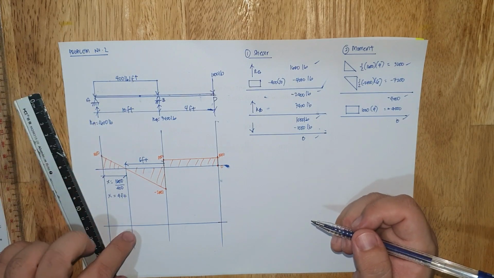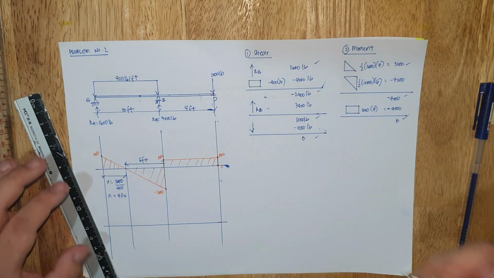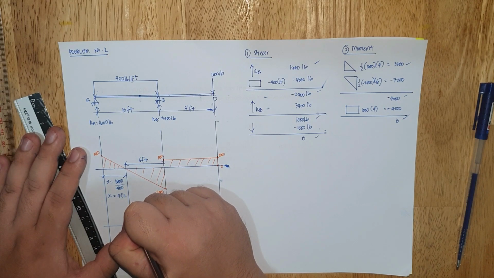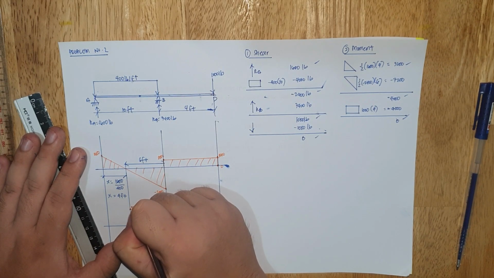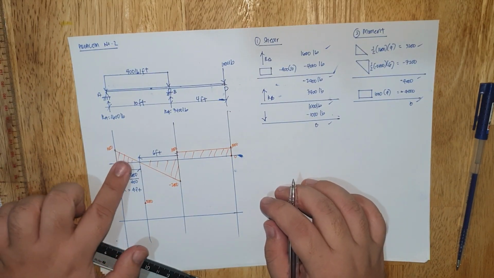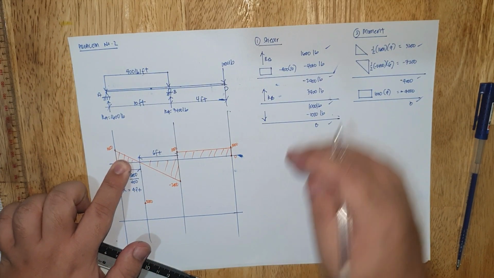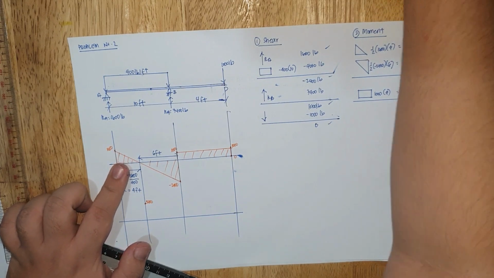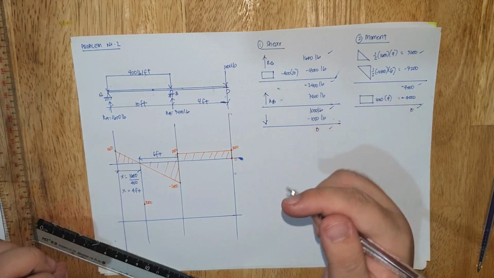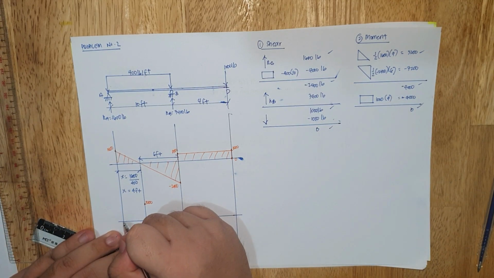Okay, 3,200. So 0 shear. So dito, ibig sabihin kailangan 0 yung slope natin na ganyan. So kung ito is triangle, ang kasunod natin ay parabola.